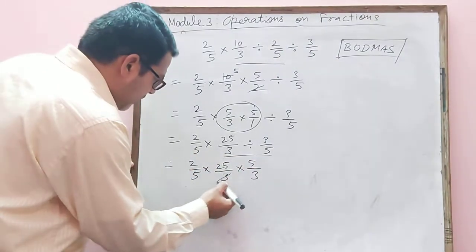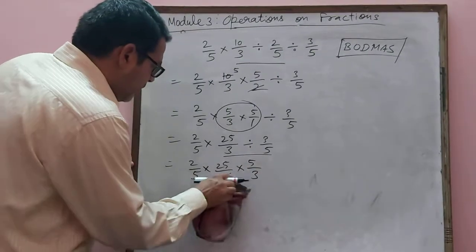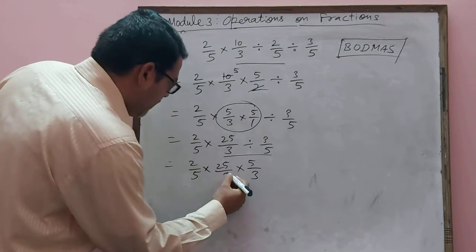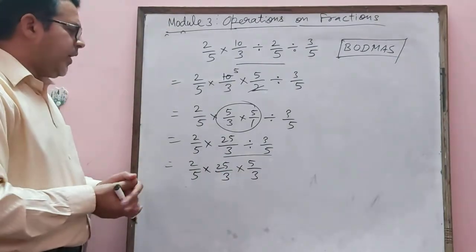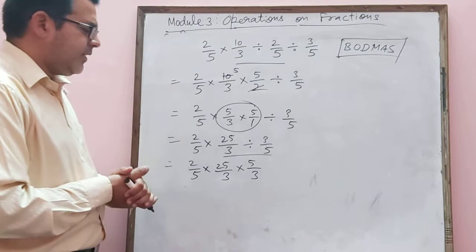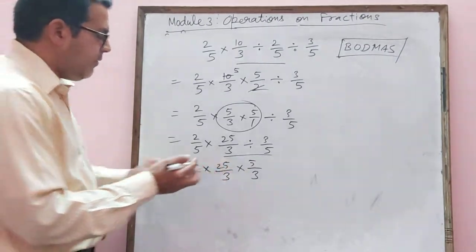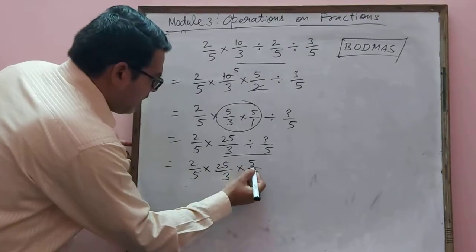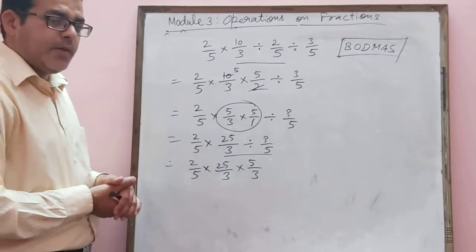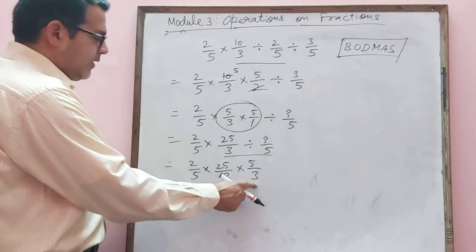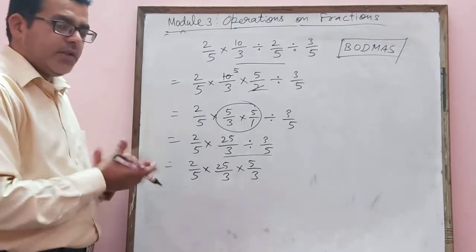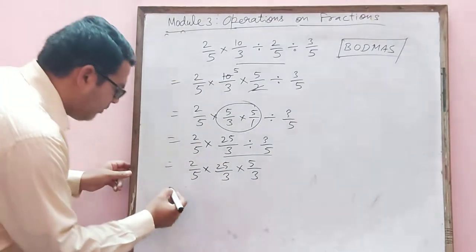Now you can see here by this 3 we can write here. Now we can see here nothing is common there. You can see here 5 and 3 both are prime numbers, so nothing is common there. And this 3 and 25 also we can check, nothing is common. So no problem, just leave it.